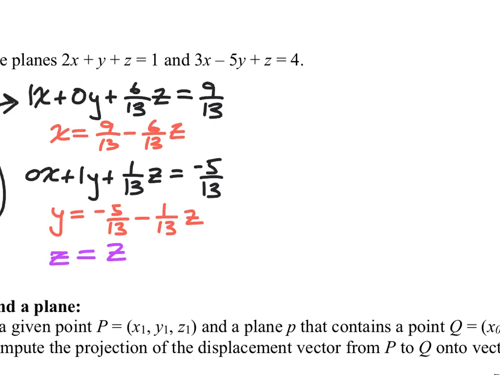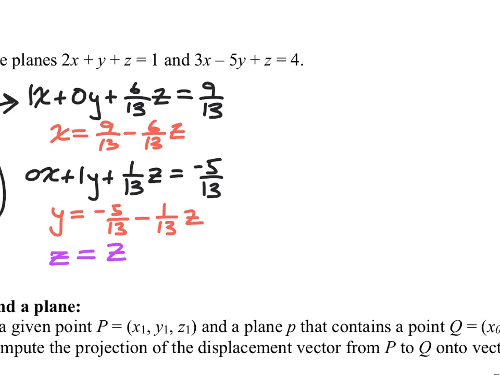You have complete license here because this is saying z can be anything, literally anything. So I could let z equal t. But maybe I want to make it a little nicer. Maybe I want to get a little greedy and let it be equal to 13t because then it'll cancel out these denominators. But in the end, it doesn't really matter.